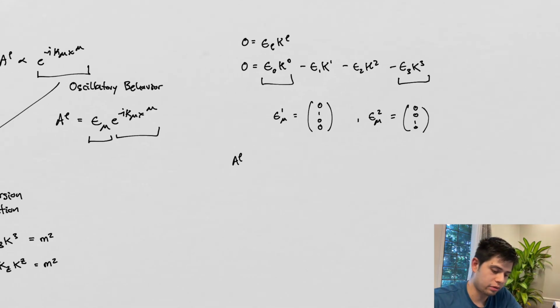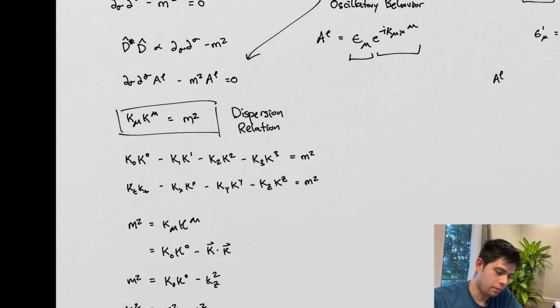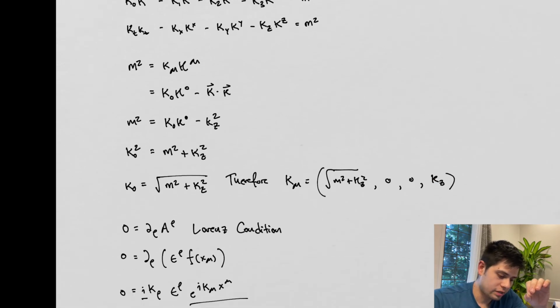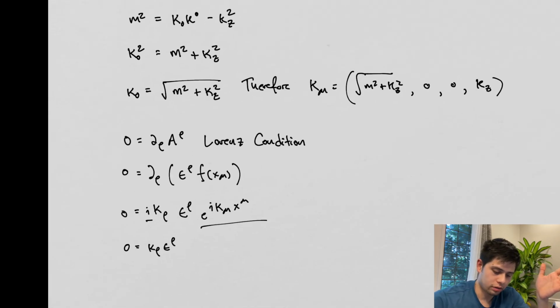Let's recap a little bit before I move on. We discussed the dispersion relationship. The dispersion relationship is an interesting connection between oscillatory behavior and the mass of an object. And then we said, well, let's remember the Lorentz condition.